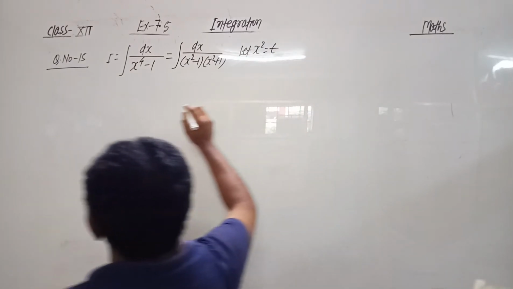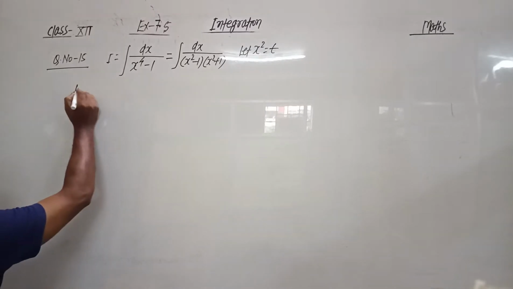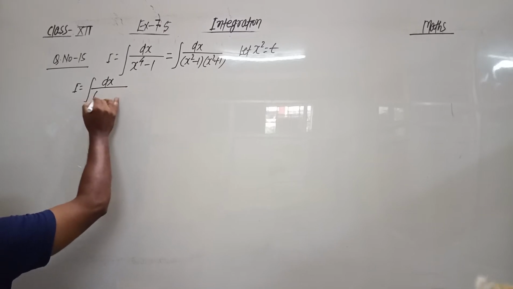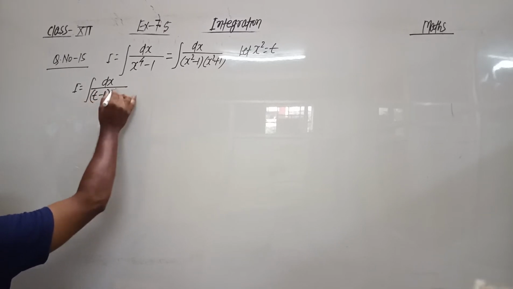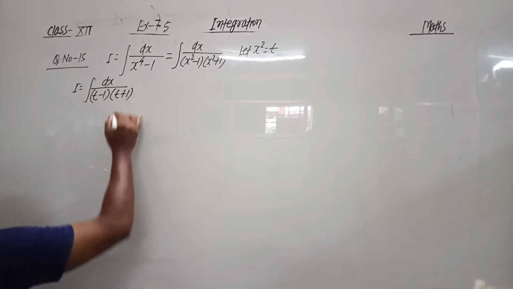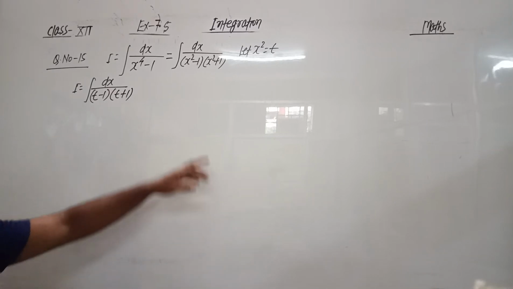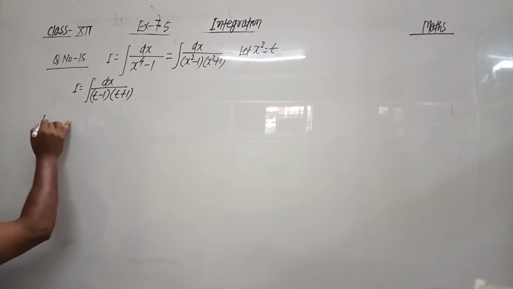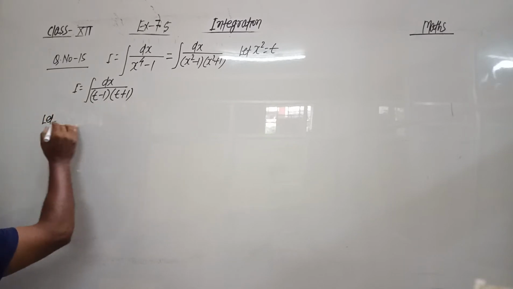This becomes I equals to integration dx upon t minus 1 and t plus 1. We have substituted x square equals to t. Now it becomes the linear form.